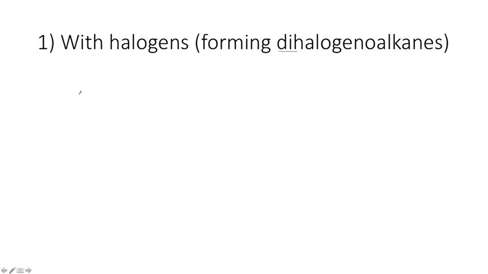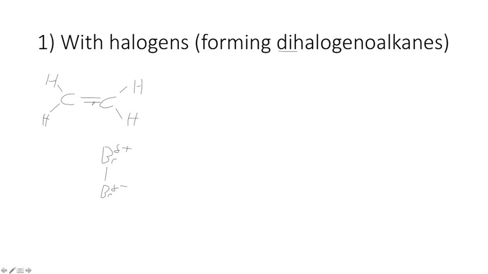So we'll take a simple molecule such as ethene, and we'll react it with halogen, say, let's go for bromine. So what happens is we get a dipole on these molecules here. So that's covered in intermolecular forces.